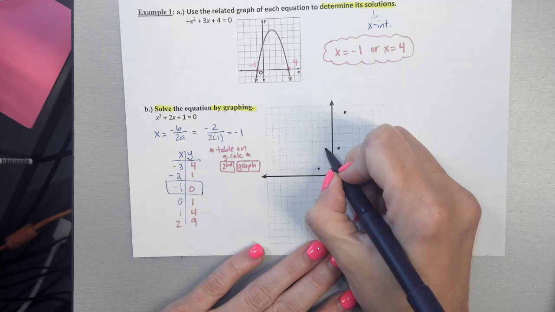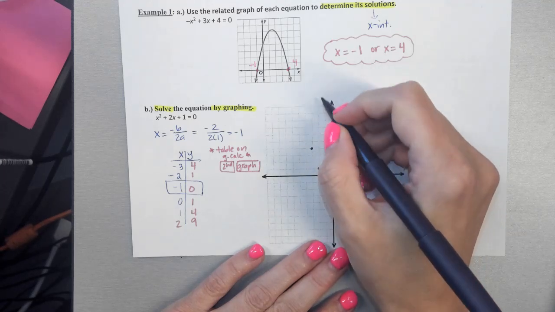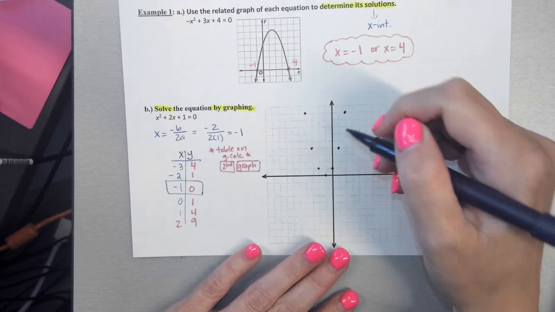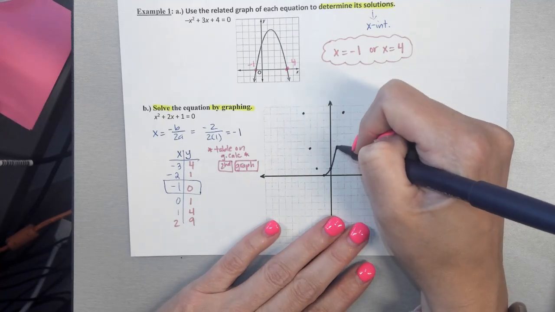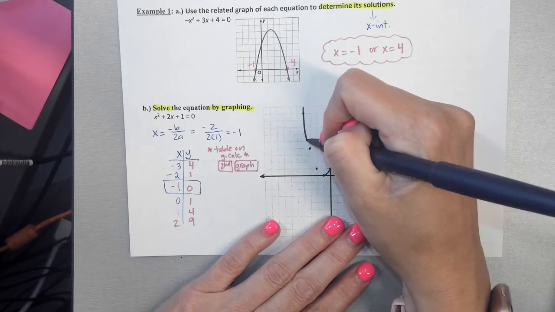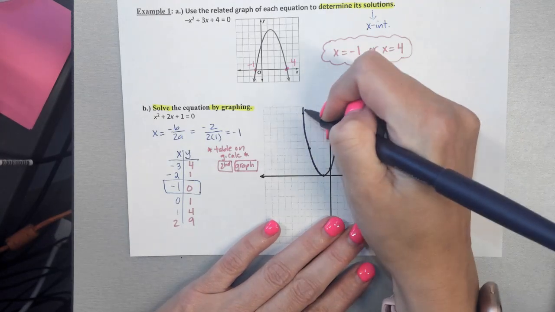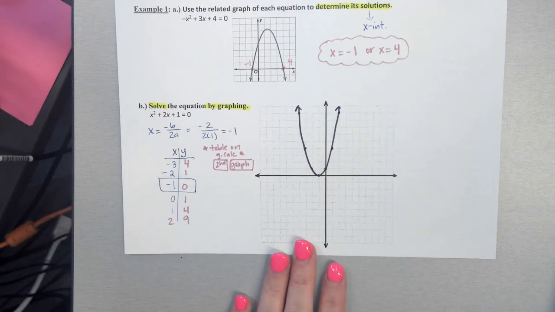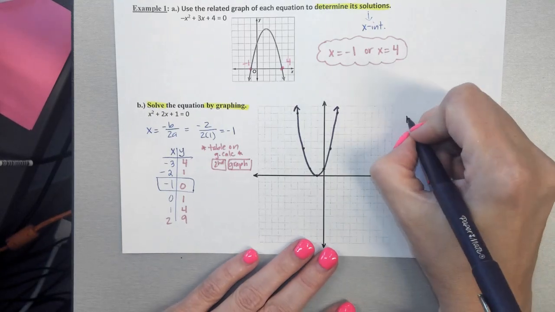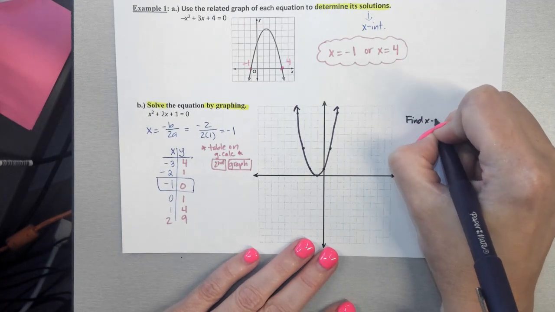Wherever your line of symmetry is, if you go 3 units to the right, you can go 3 units to the left to make your parabola. You do want to span whatever grid you are given. And then if you're going to solve by graphing, all you have to do is find the x-intercept.